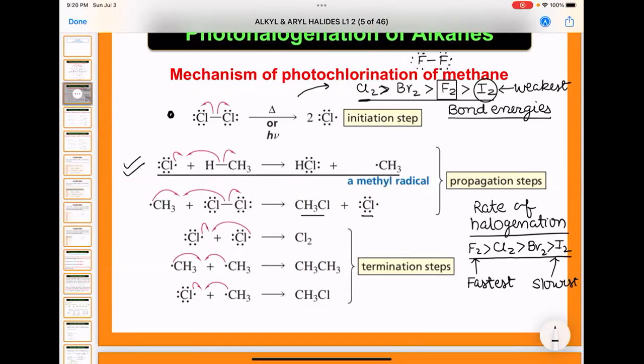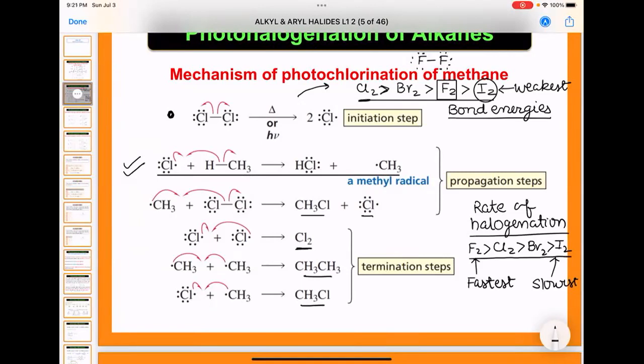And do remember this point also. There are chain termination steps also. Chain termination steps lead to the stopping of the reaction. Why will it stop? Because there are radicals and those radicals will combine with one another. They will join and they will form Cl2 or ethane or methyl chloride.